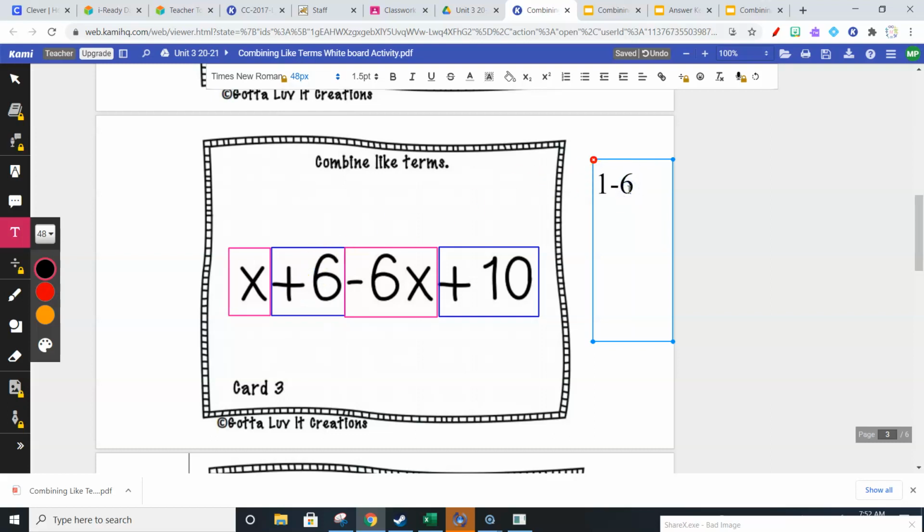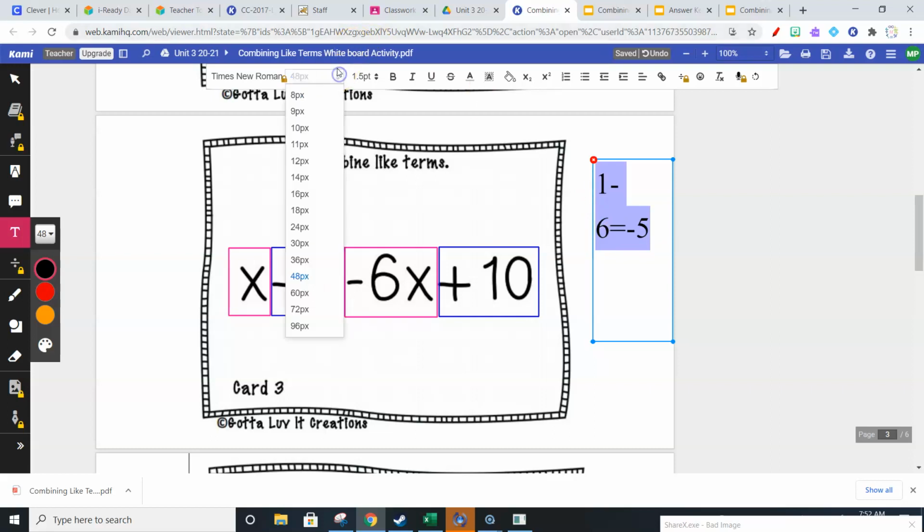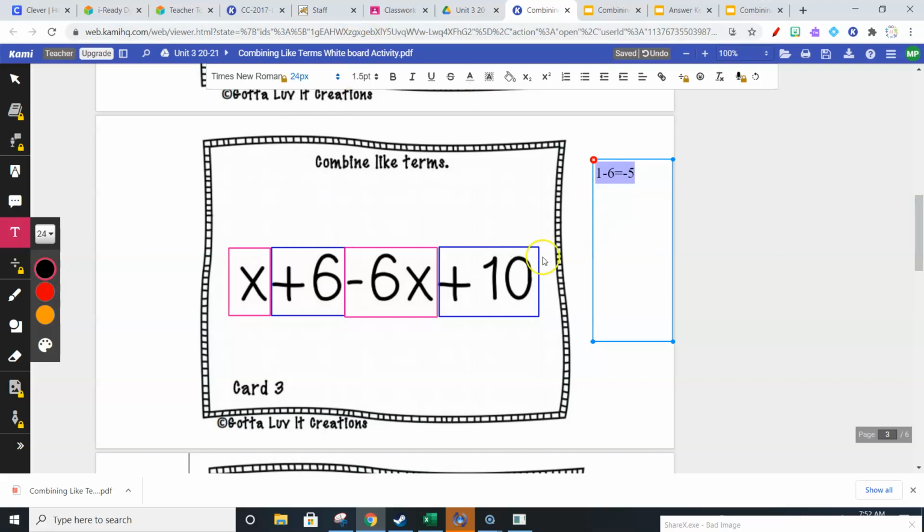Well, 1 minus 6 equals negative 5. It would be the same as 1 plus a negative 6, which is still negative 5.